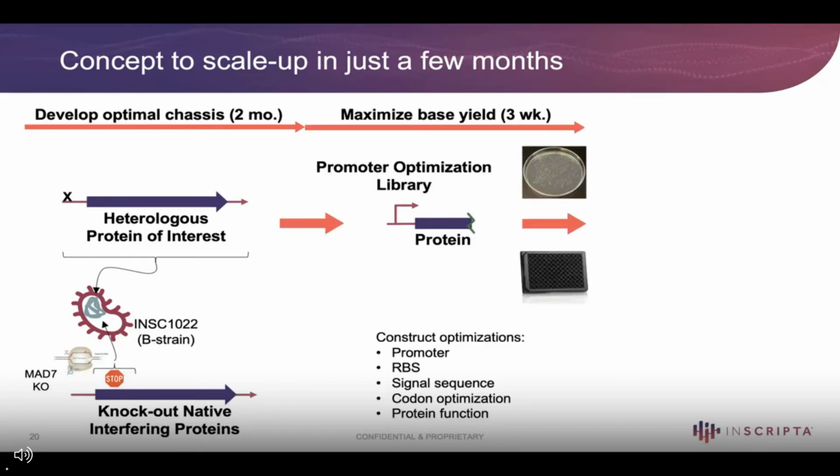Then I did further rounds of production maximization for the capacity of the protein, given its toxicity, utilizing a promoter library that sat in front of the protein. If you've had an opportunity, you might want to check out the GFP webinar that we gave several months ago that utilized a similar promoter optimization in front of GFP.